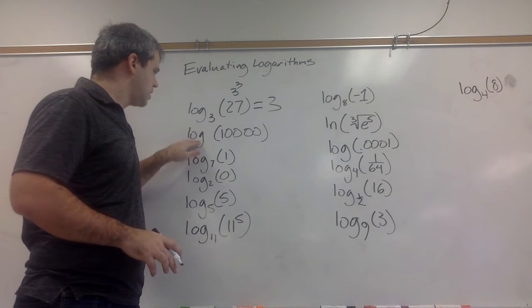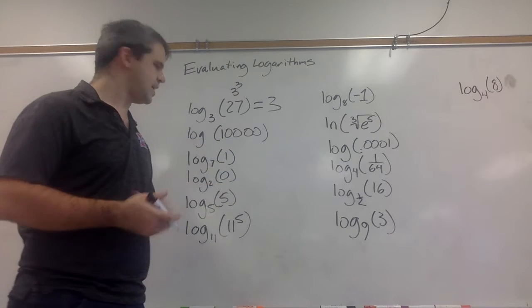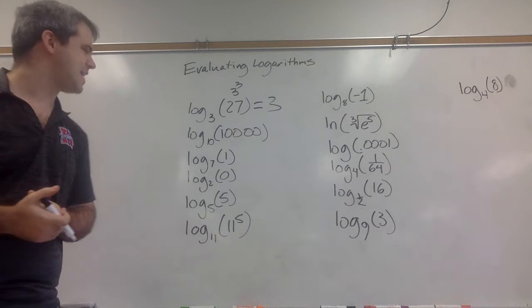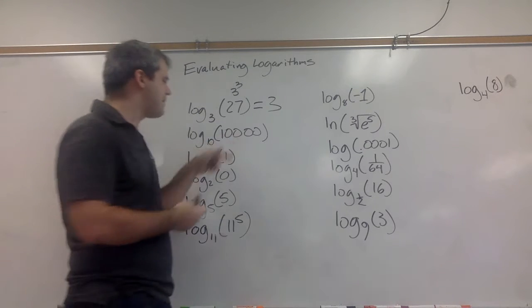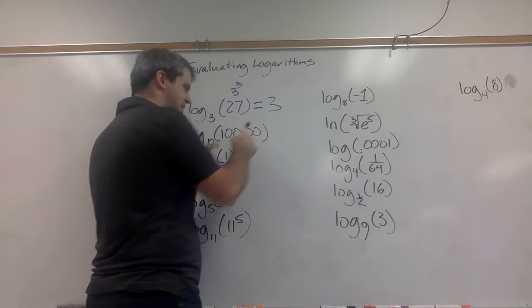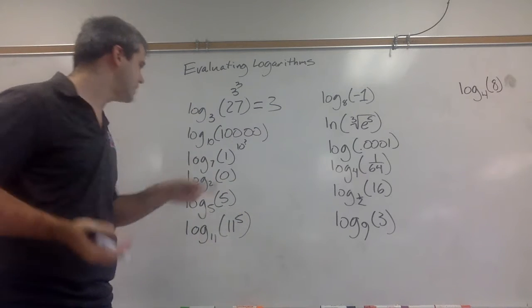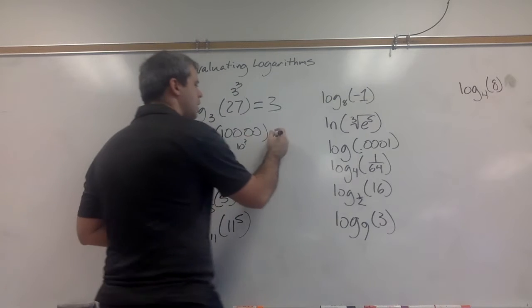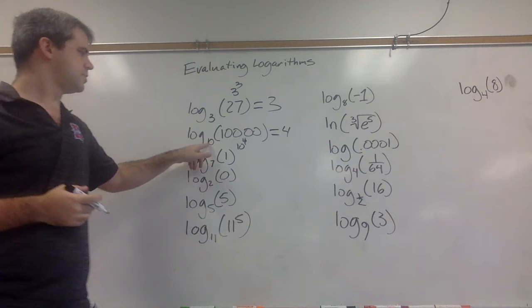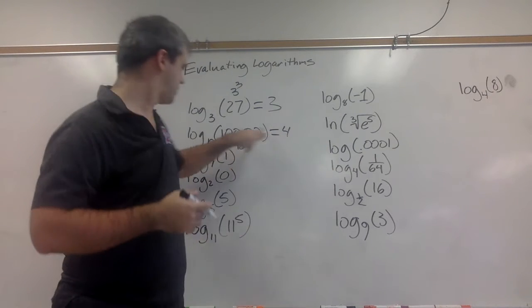So log of 10,000, well, this is the common log, so we're assuming the base is 10. Again, I'm asking, 10 to the what power gives me this? 1, 2, 3, 4. This is 10 to the fourth. So 10 to the fourth gives me 10,000.